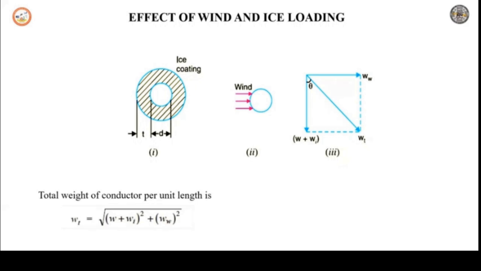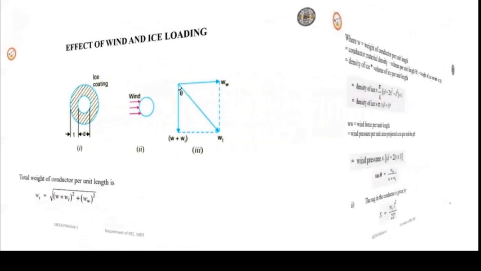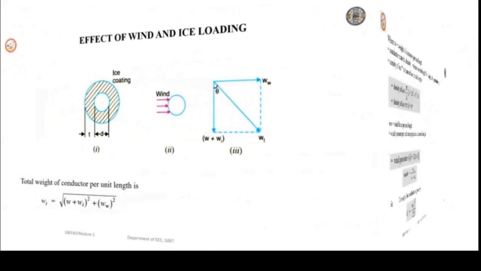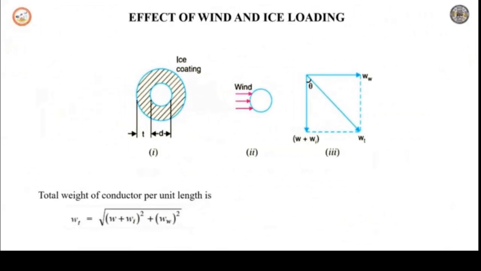Hence, the total force acting on the conductor is the vector sum of the horizontal and vertical forces. That is shown in the diagram. Thus, the total weight of the conductor becomes Wt equal to root of (W plus Wi) the whole squared plus Ww squared.